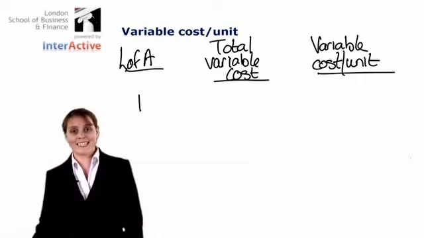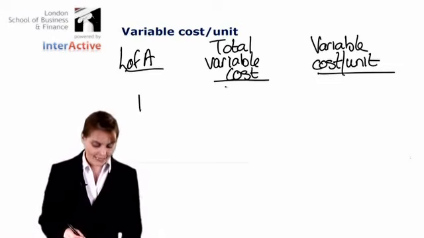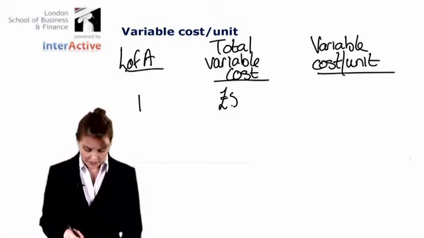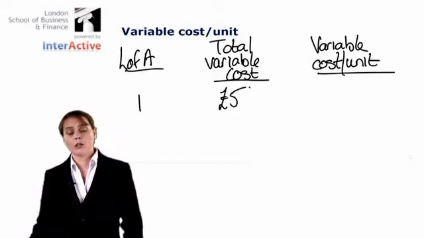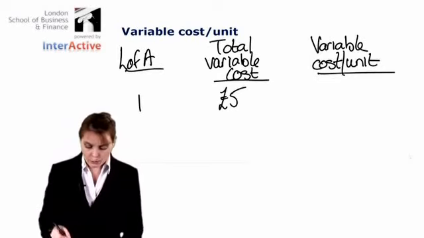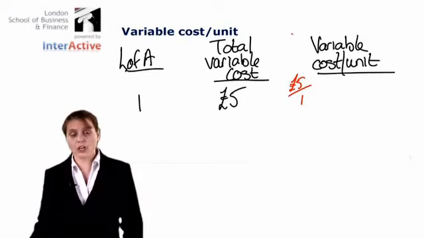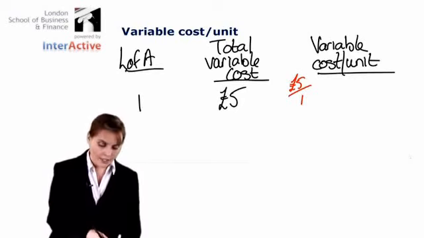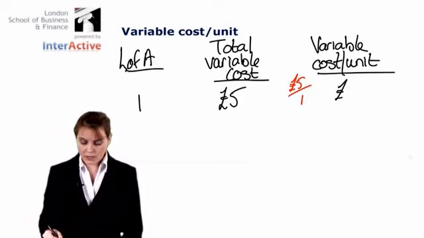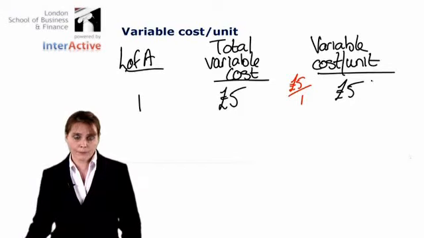So if our level of activity is 1 unit, I'm going to say that our total variable cost at that level of activity would be £5. So based on that, what is our variable cost per unit? We can calculate it as our total variable cost divided by our level of activity. So our variable cost per unit is £5.